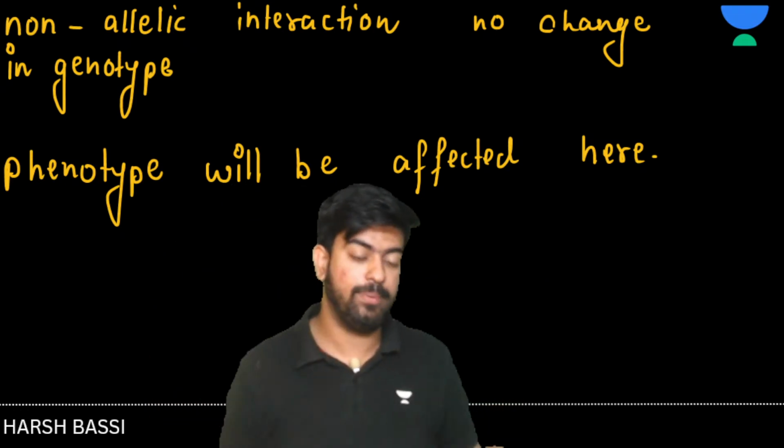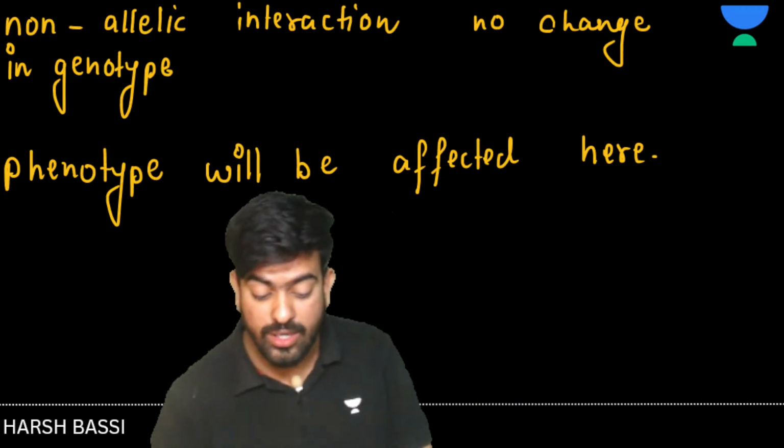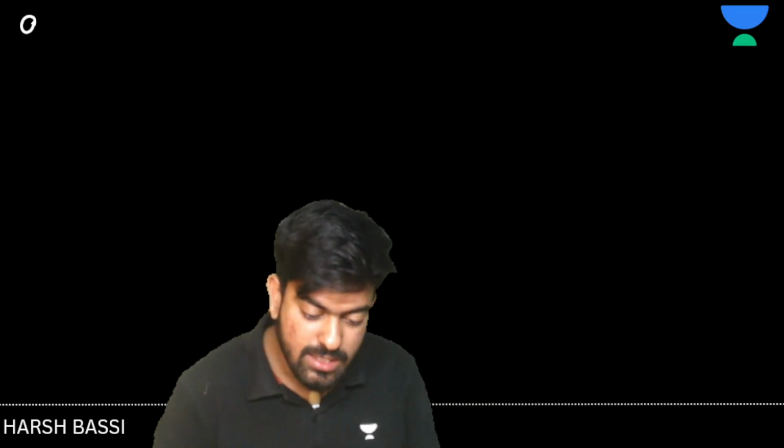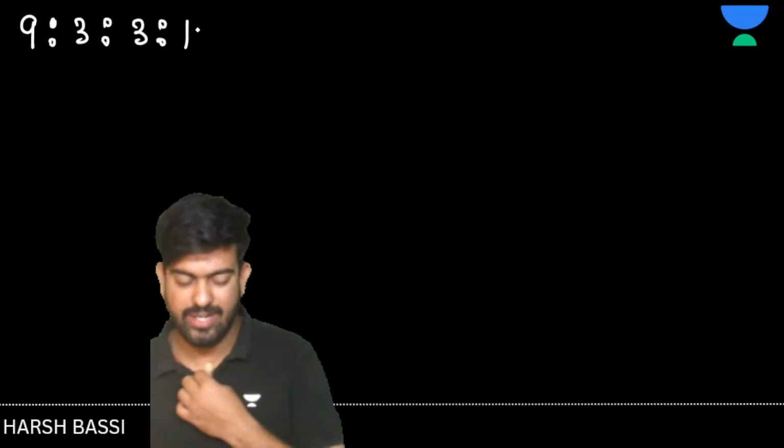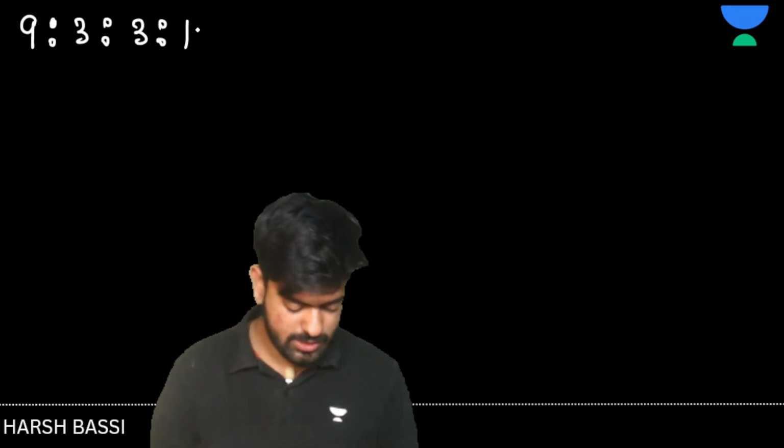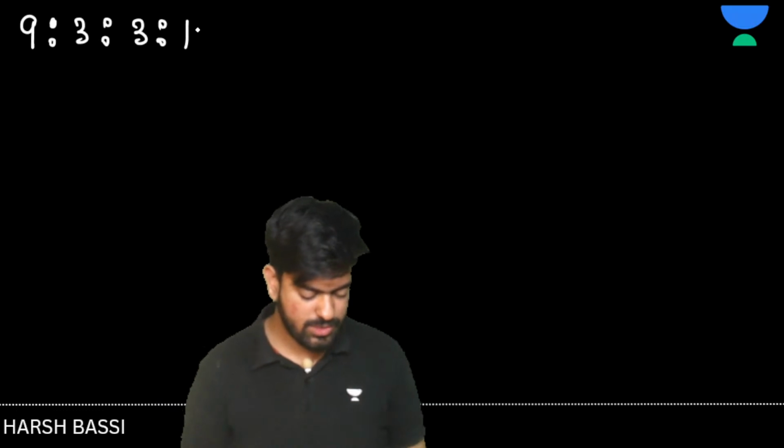We made a Punnett square and we got a ratio. Yes or no? Do you remember this ratio? This was the ratio for dihybrid cross.